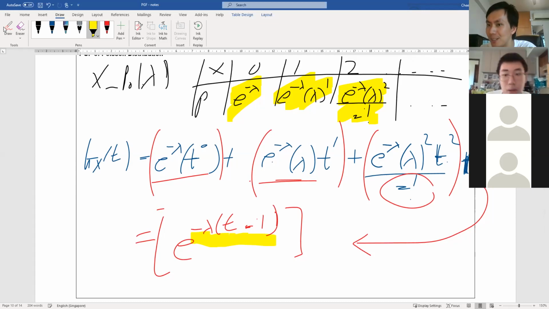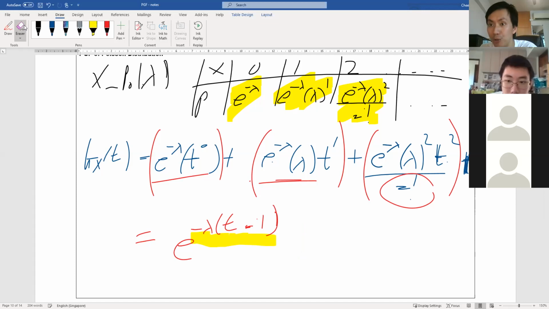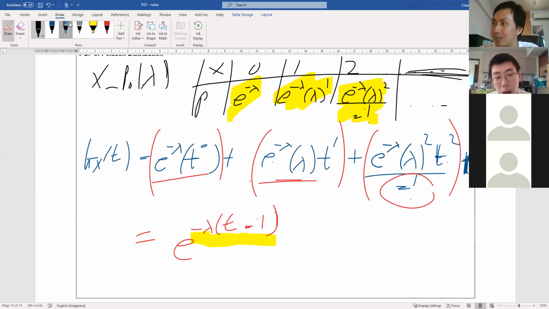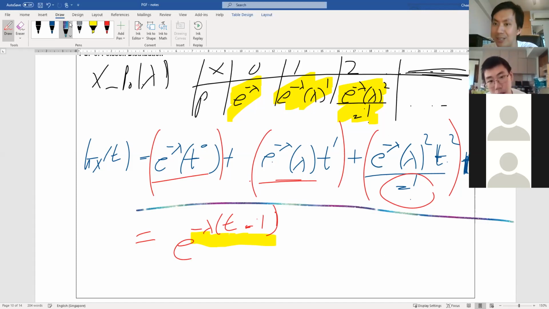Are you saying that regardless of how many terms, let's say 3 or 4 terms for the PGF? No, for Poisson, this is an infinite summation, because Poisson has no upper bound. The possible values for x have no limit. I can keep on writing this summation for x to be 3, 4, 5 until infinity, hence the plus dot dot dot. But this infinite summation, through advanced calculus technique, is known to simplify into this.